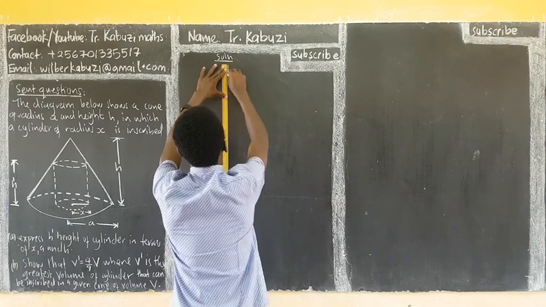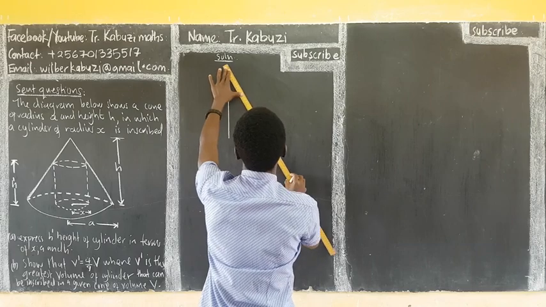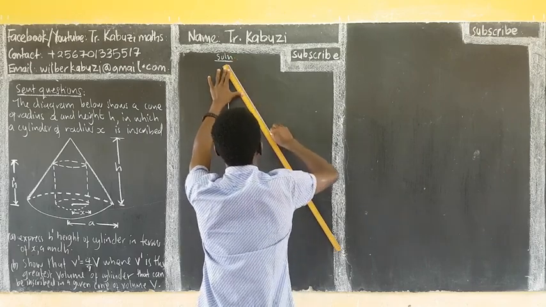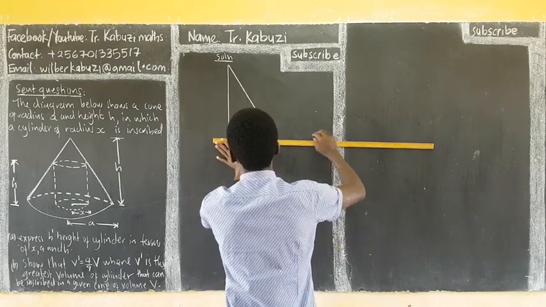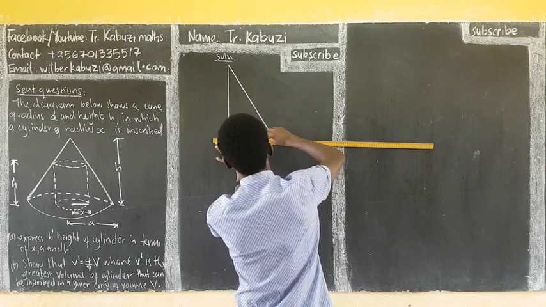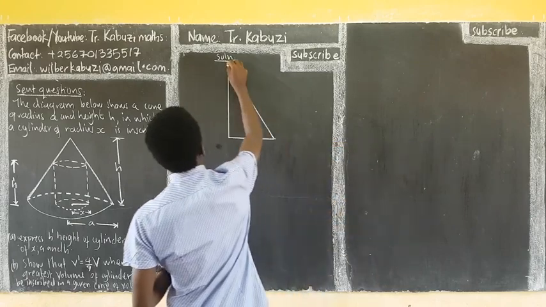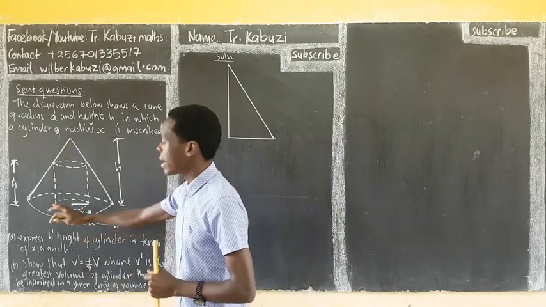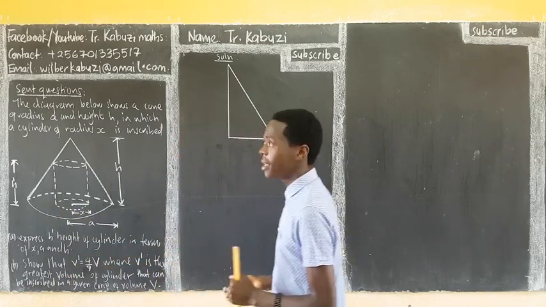I'm assuming that now this is the cone. So this is now the part of the cone. If I divide this cone into two, remember this is just the base, it's flat, but it is drawn like this just to give you the illustration.